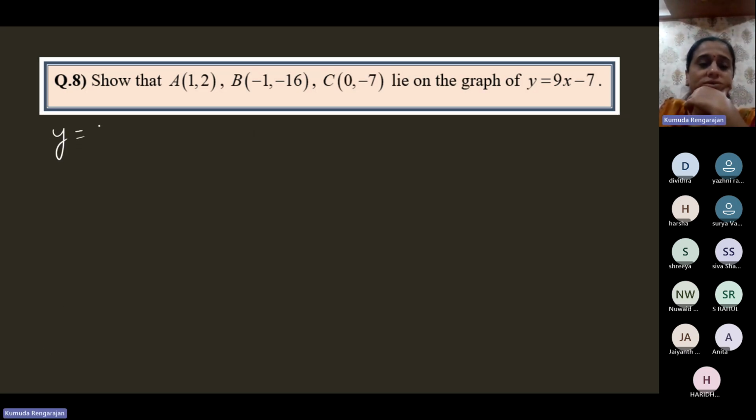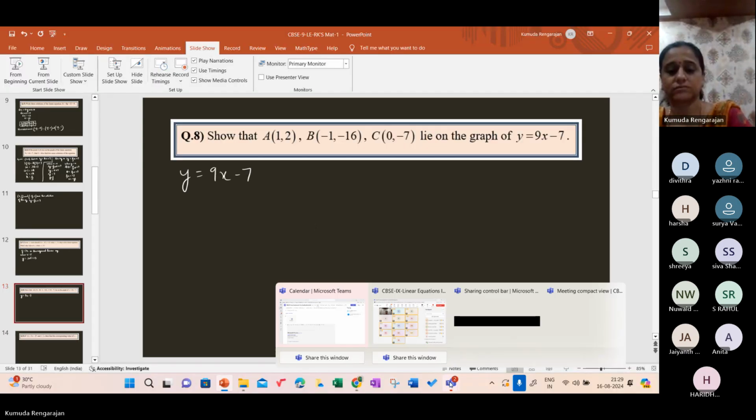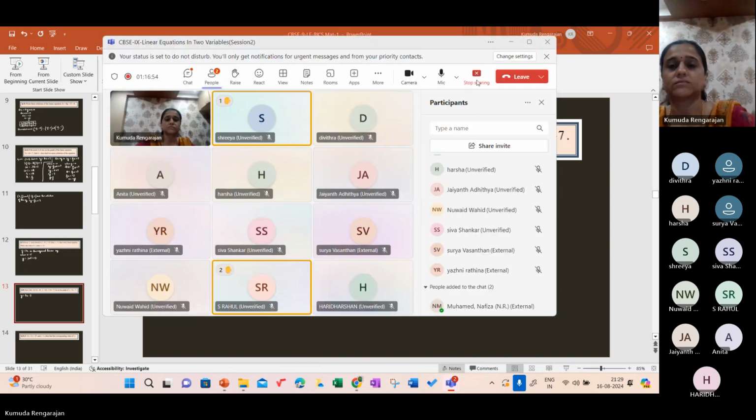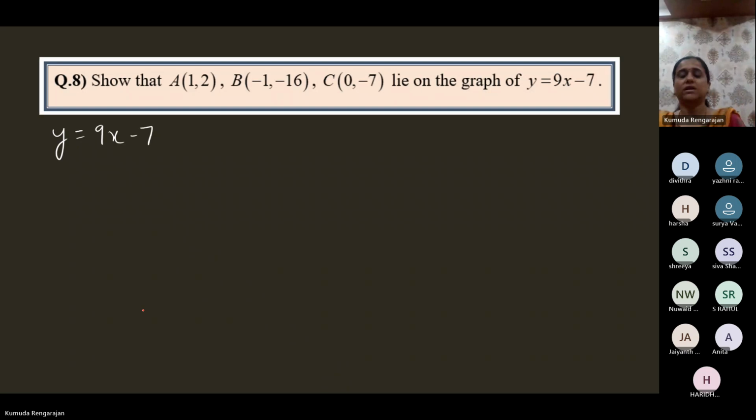You tell me. Tell me the standard form, children. Ax plus by plus c is equal to 0. Okay, correct.